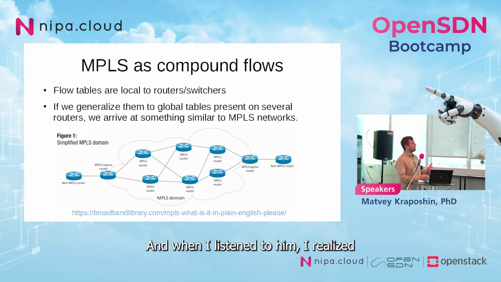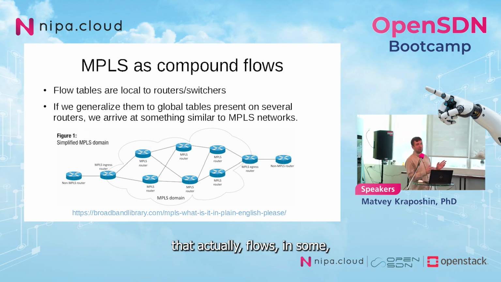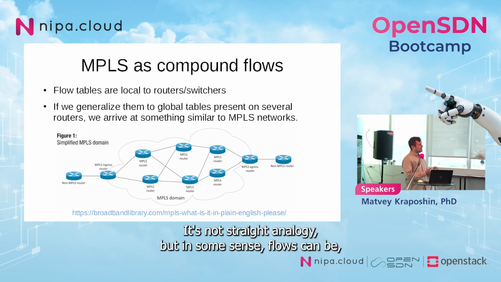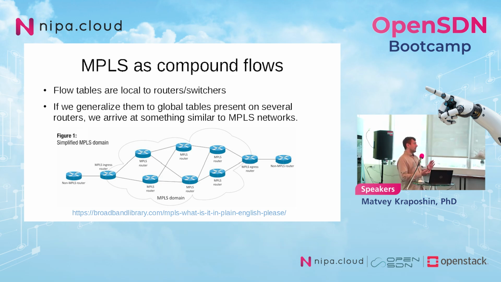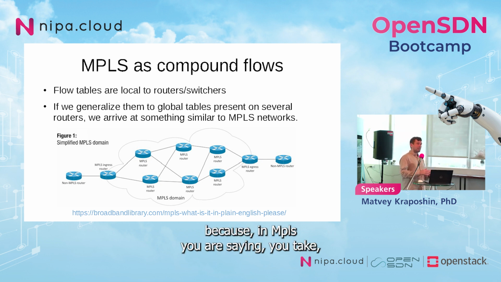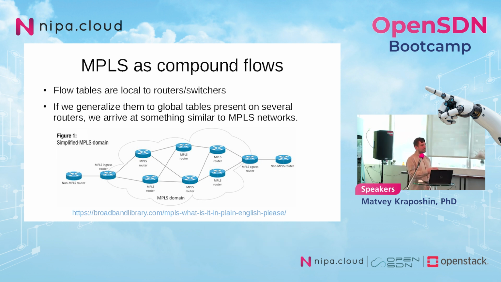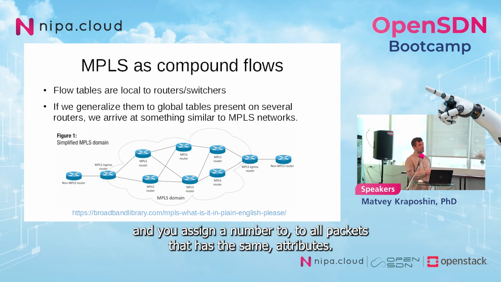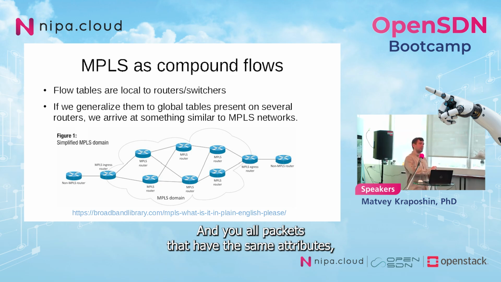And when I listened to him, I realized that actually flows are, in some sense, it's not a rigorous analogy, it's not a straight analogy, but in some sense, flows can be thought of as MPLS, because in MPLS you take source IP, destination IP, you take UDP and something else, and you assign a number to all packets that have the same attributes, and all packets that have the same attributes follow the same route.